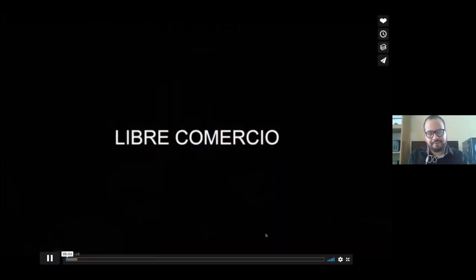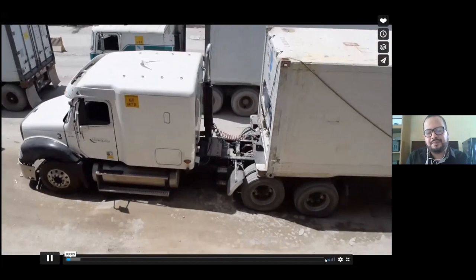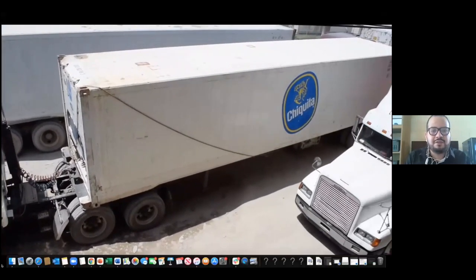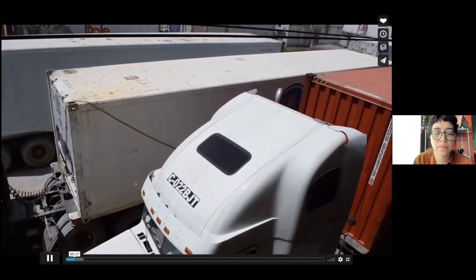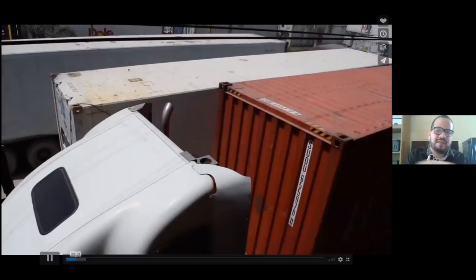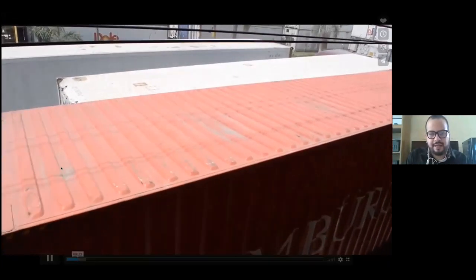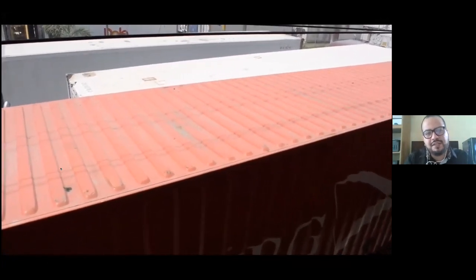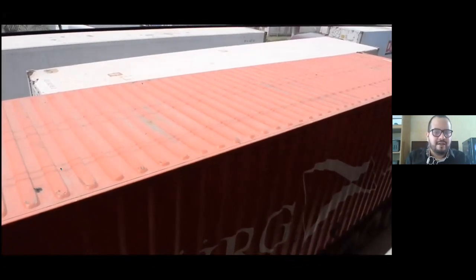For example, the African palm. These practices have weakened the farmers who already were in an unfavored situation. So now it's worse for them. So these containers go directly to the port, Puerto Barrios, which is a port of concession to the US.